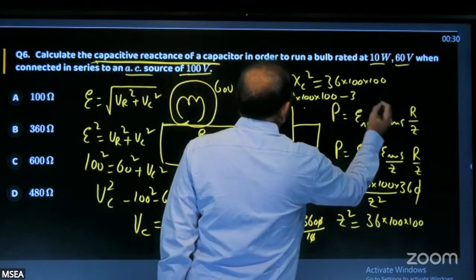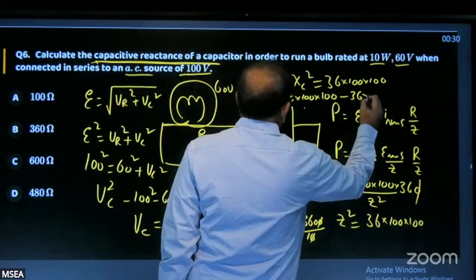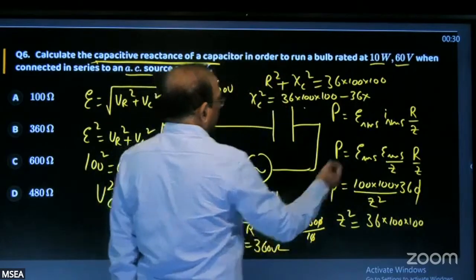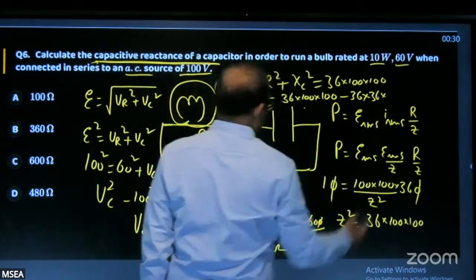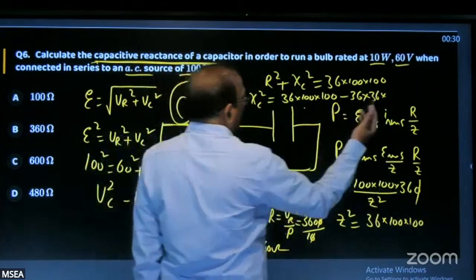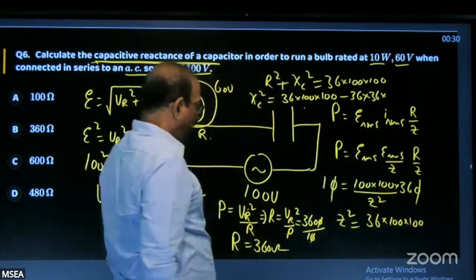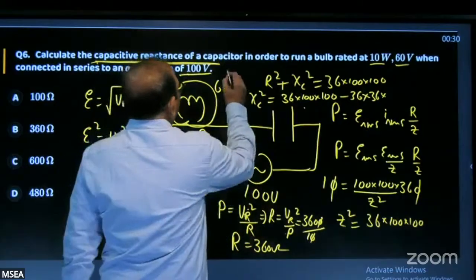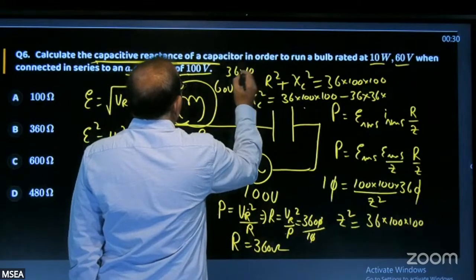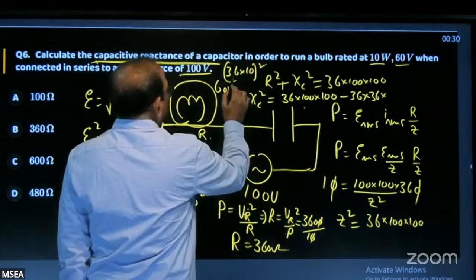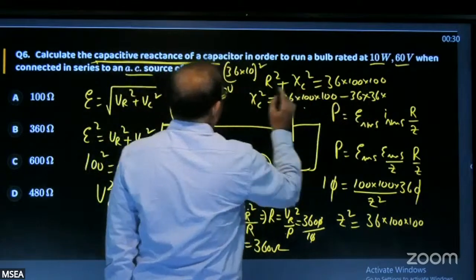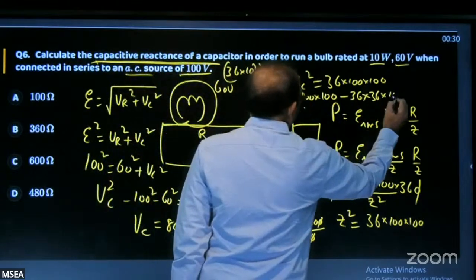360 square is 36 square into 10 square, that is 36 into 36 into 100.